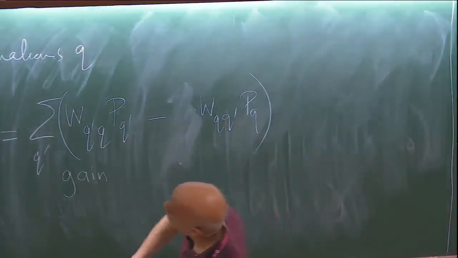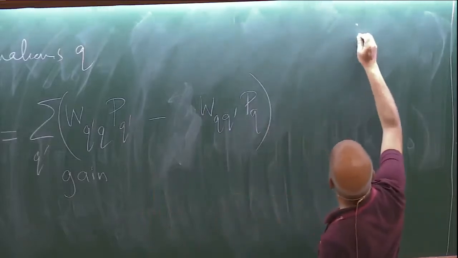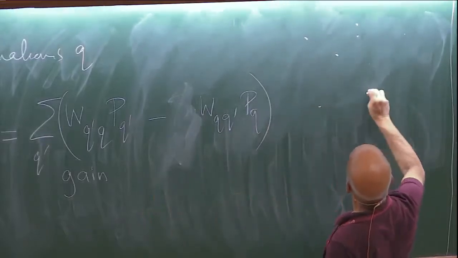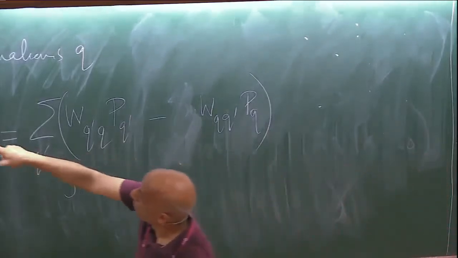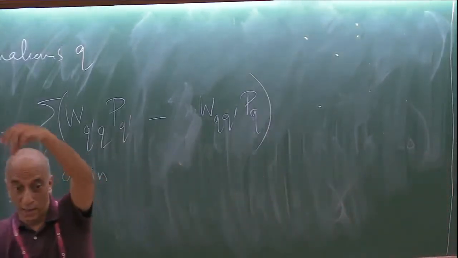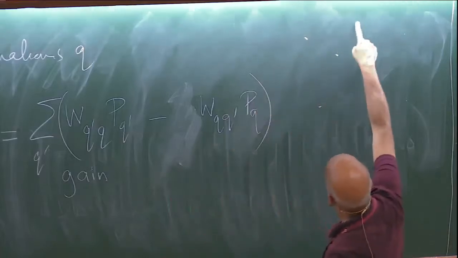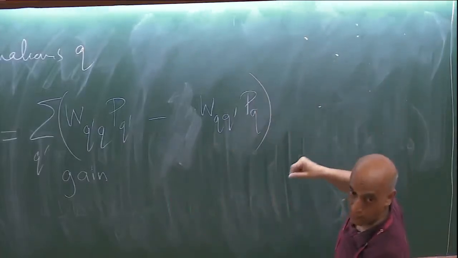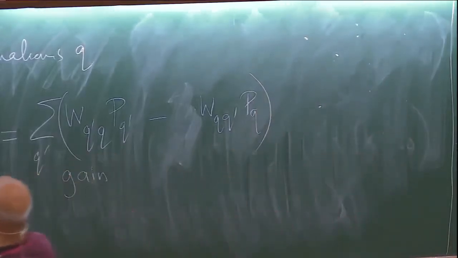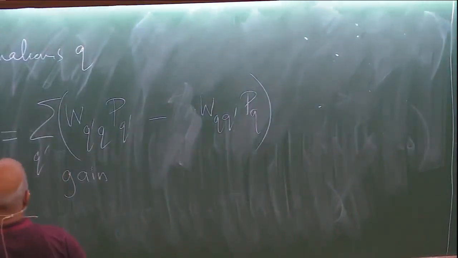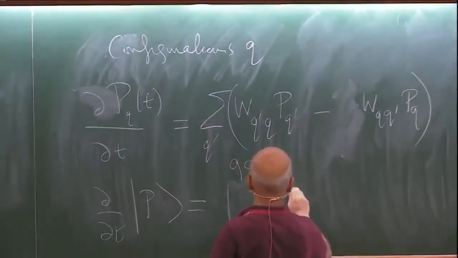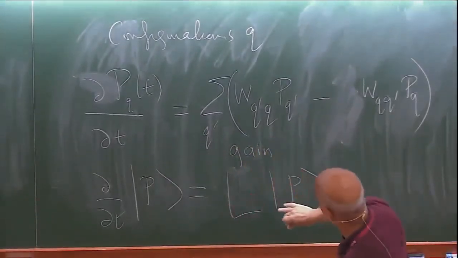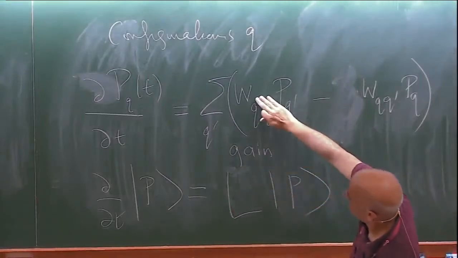And from this point of view, if you think of configuration space as a set of distinct points on which you can just put labels, P of Q is just one of the components of a big vector, which is probability here, probability here, probability here, etc. Right? So, d over dt of some probability vector is some operator on that probability vector. Now, I won't spend much time on this. On this language, I'll stick to this language.